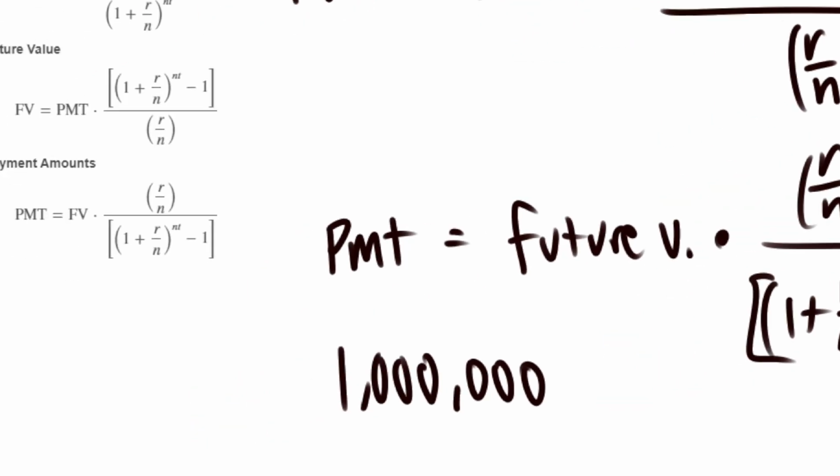Kind of a mouthful. So this would be determining how much money you would need to deposit, whether it be monthly or quarterly or whatever, in the amount of time, say 35 years or whatever, to have $1 million. Hopefully that makes sense.